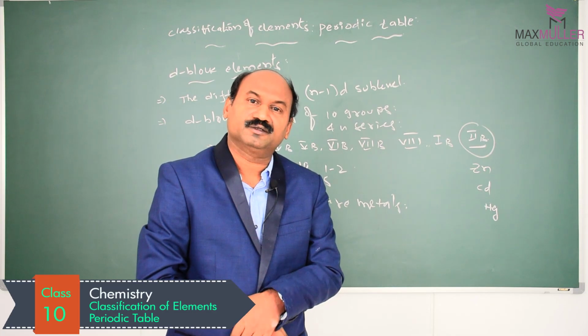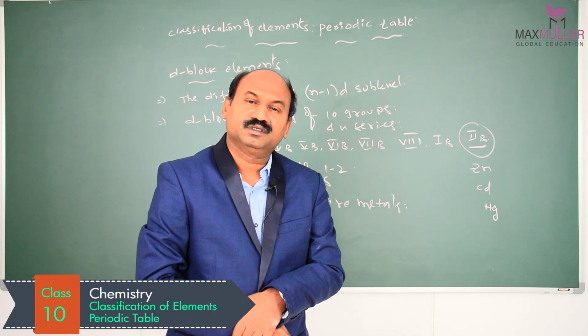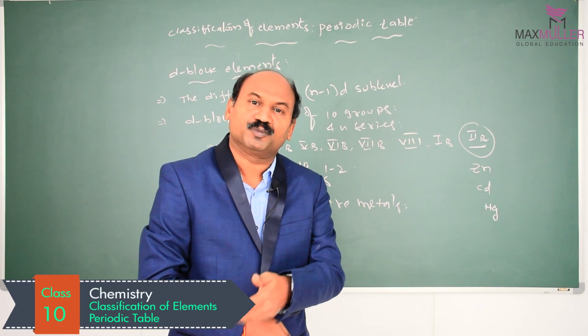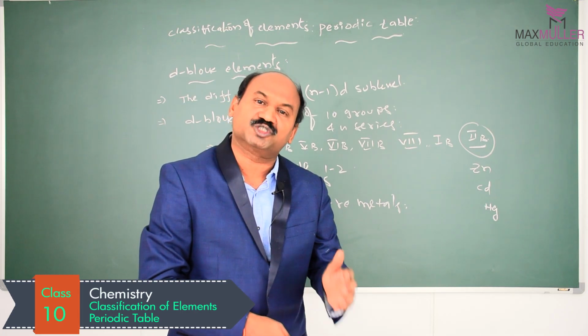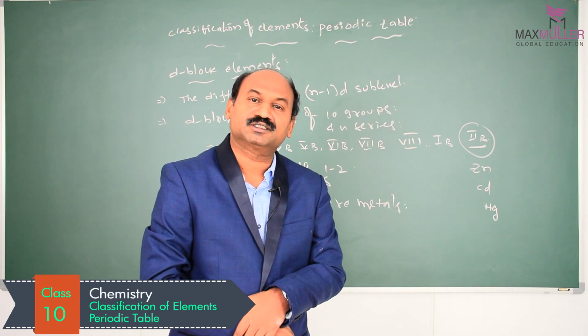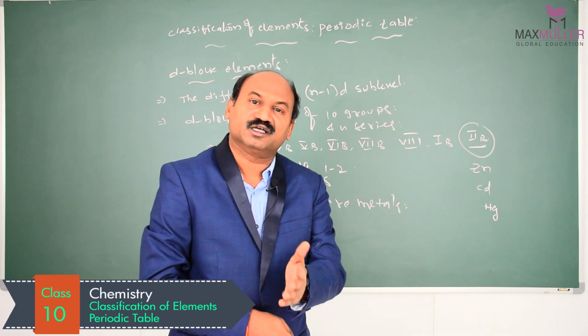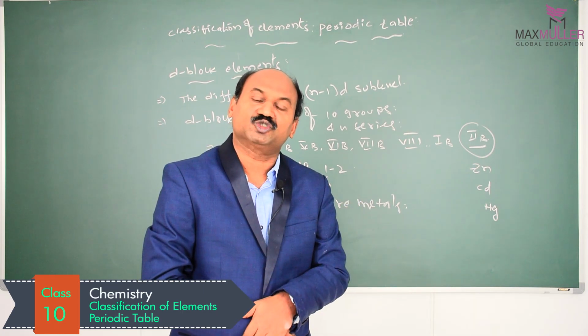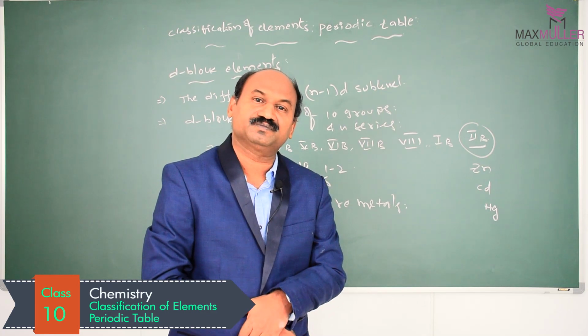If you take copper, it exhibits two valencies, cuprous, that means Cu+1, and cupric, that means Cu+2 ion. Like that, iron exhibits Fe+2, ferrous, and Fe+3 ion, which is called ferric. So these exhibit variable valencies.